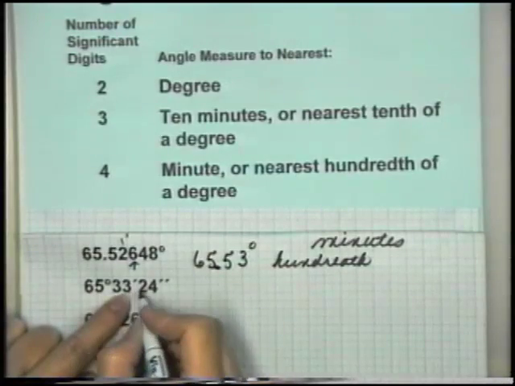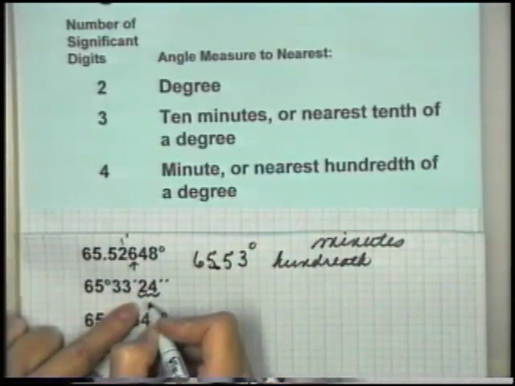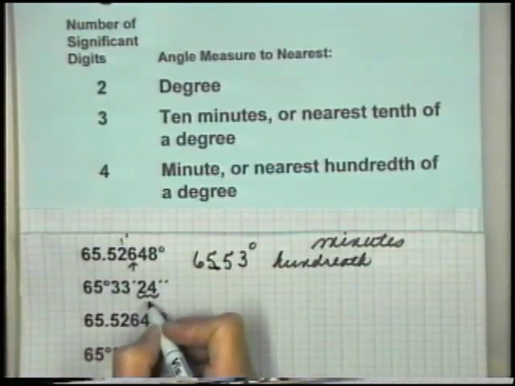So in order to round to the nearest minute, we'll have to look at our seconds. Now once again, how many seconds are in a minute? There's 60 seconds in a minute. So if we have 30 or more seconds, we will round up to the nearest minute. If we have 29 or less seconds, then we will just literally ignore the seconds.